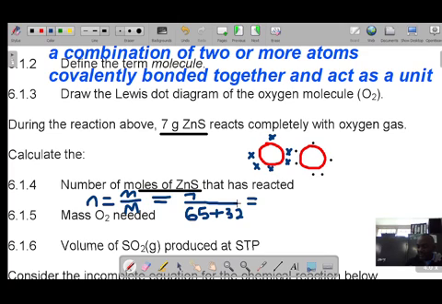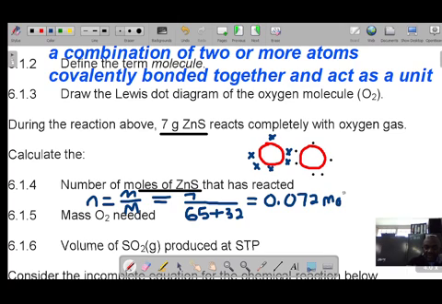I get 0.072. These are the moles of zinc sulfide present.